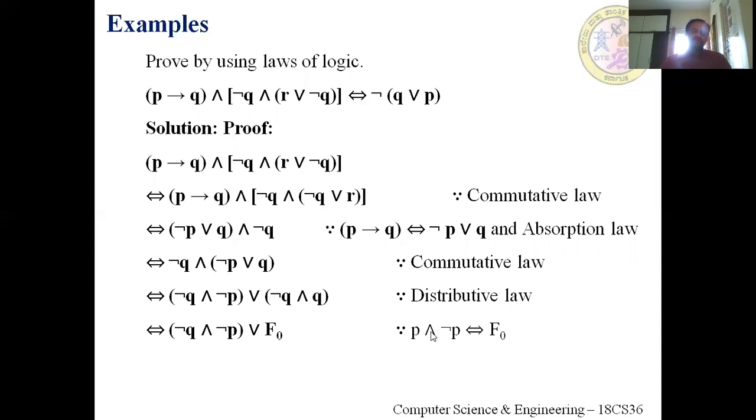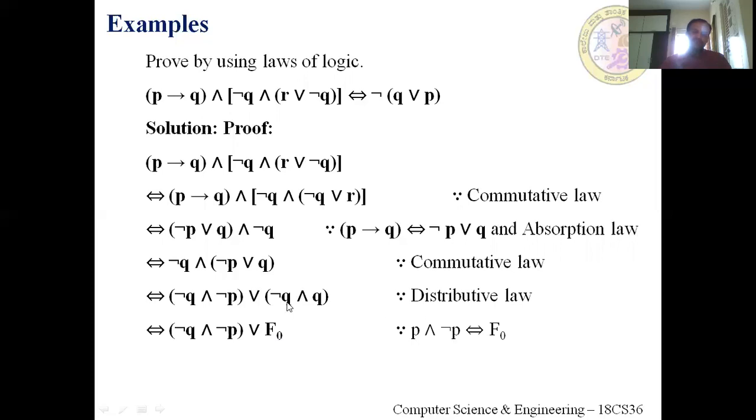Then we know one more law, the inverse law. Inverse law states that P and negation of P is logically equivalent to contradiction, so negation of Q and Q is logically equivalent to contradiction. I applied the inverse law for this negation of Q and Q.